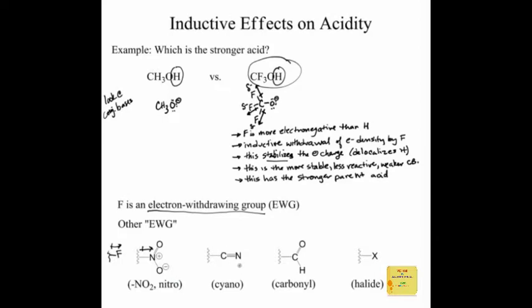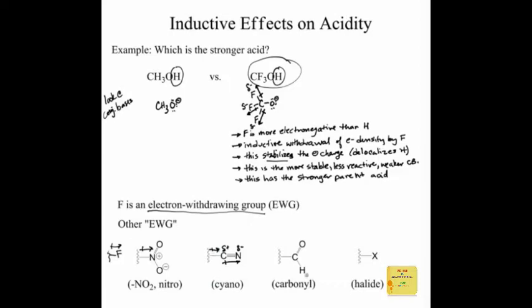Now a cyano group, a CN triple bond, has the same effect. Even though it's not charged like the nitro, because nitrogen is more electronegative than carbon, and because we have some resonance here, there's a partial minus on this nitrogen and a partial plus on this carbon, and therefore this also pulls electron density toward itself. It would be an electron withdrawing group.